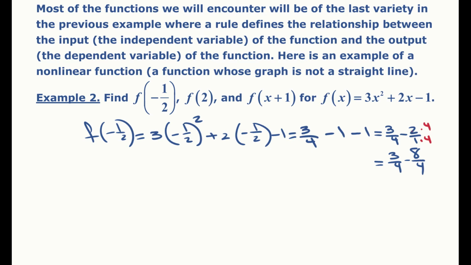That's where we get 8 over 4. So we get 3/4 minus 8/4, which is of course negative 5/4. So basically what we just found is that f of negative 1/2 equals negative 5/4.